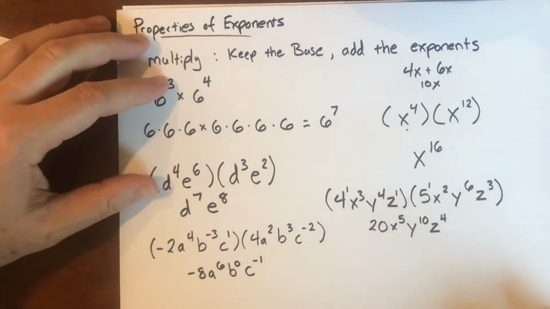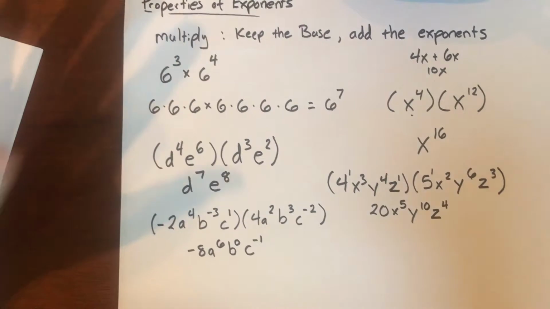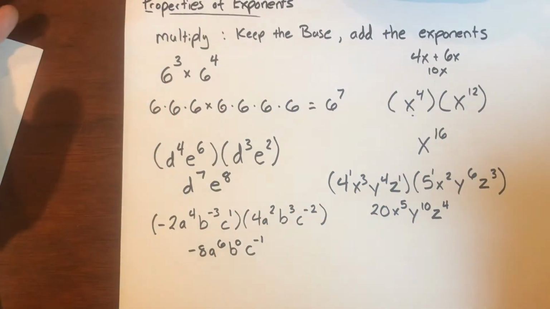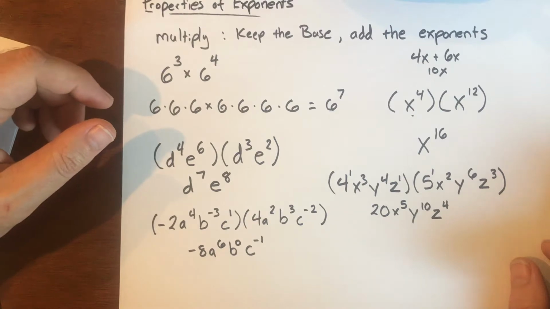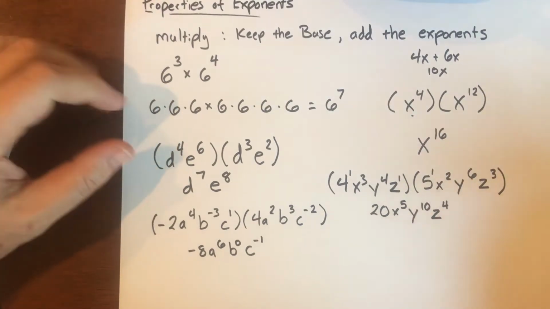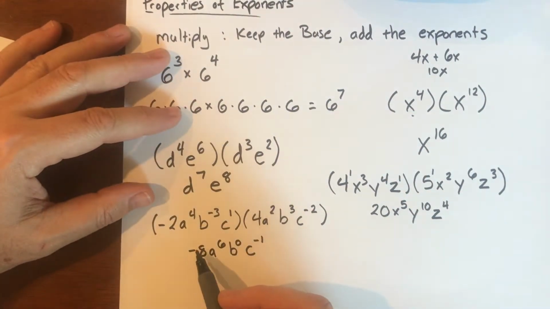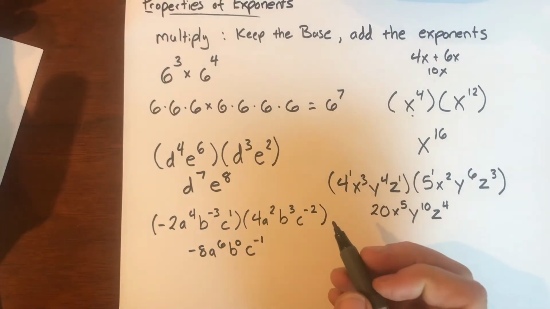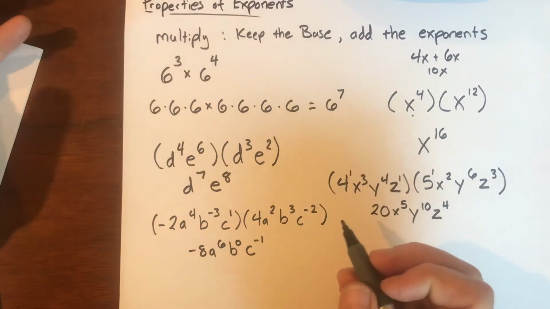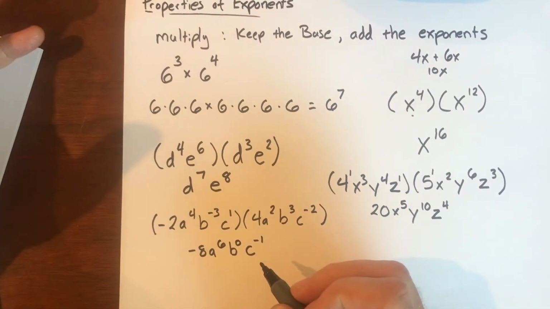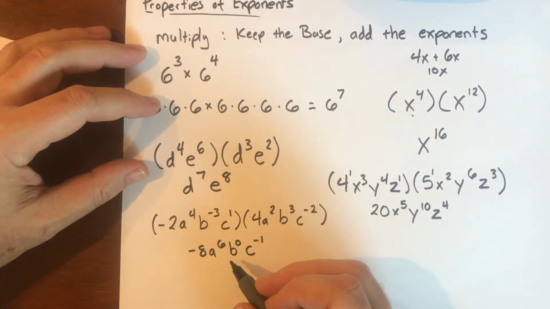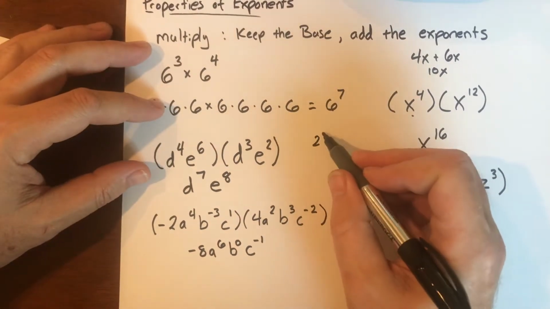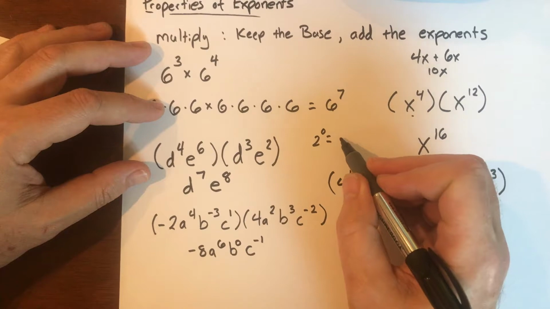Now, this is where things get a little tricky. It's simplifying this answer. Is this answer correct? Yes. Is it completely correct? Not quite. So the -8 and the a to the 6th is fine. This b to the 0 is kind of strange. Do you remember what any exponent of 0 does for the number? Like when we did 2's, we had 2 to the power of 0, it equaled what?